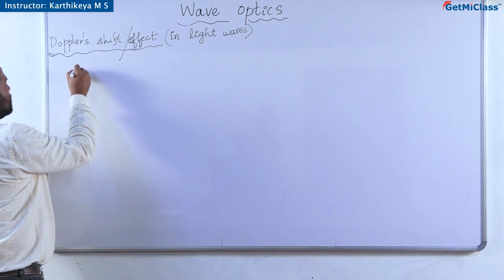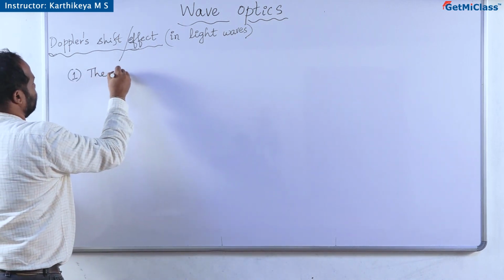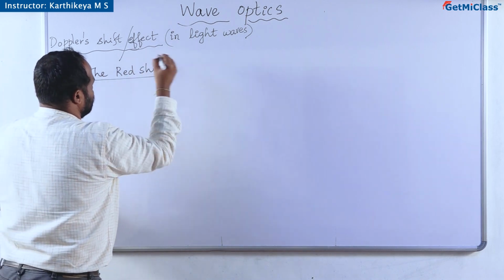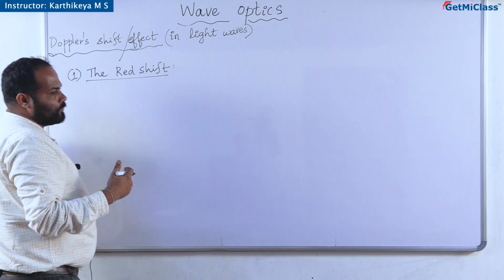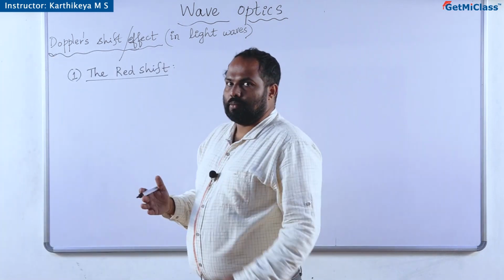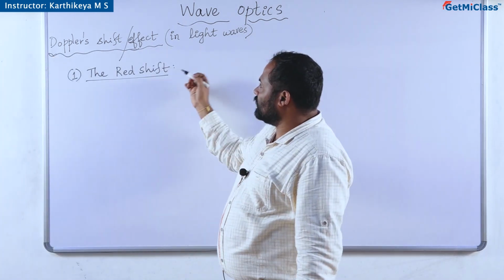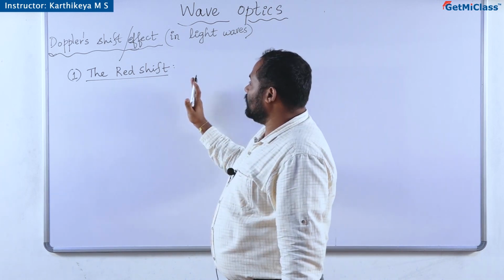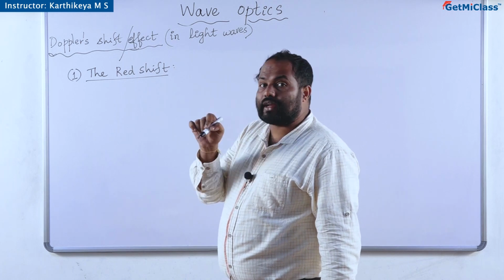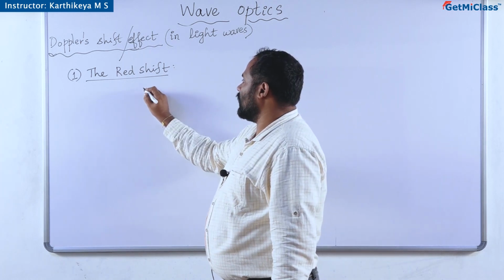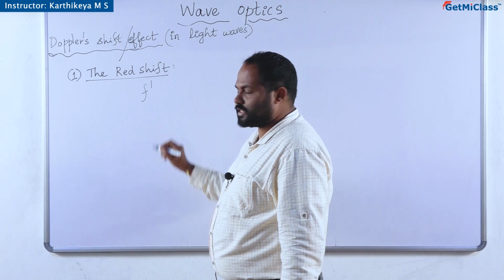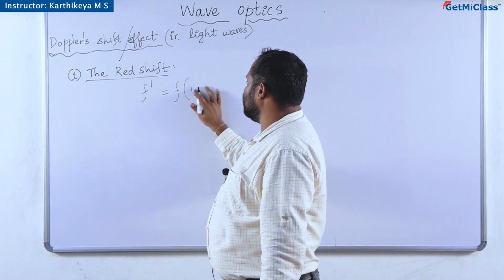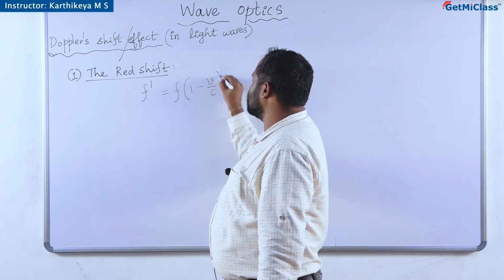First one is the red shift. That is when the observer and the light source are moving away from each other. If the light source is stationary and the observer is moving fast away, he tends to receive a decrease in frequency. So apparent frequency f dash is equal to f into 1 minus v by c.